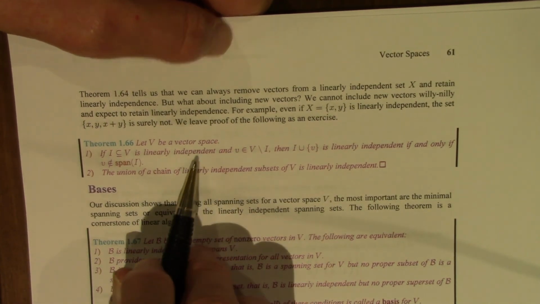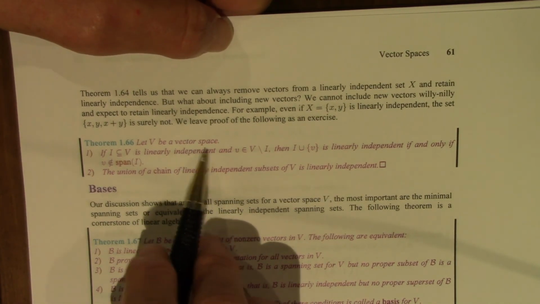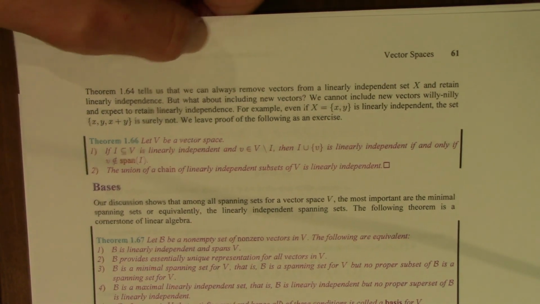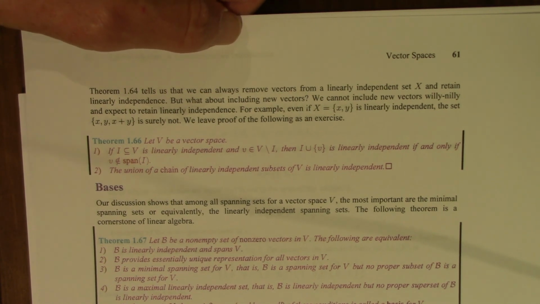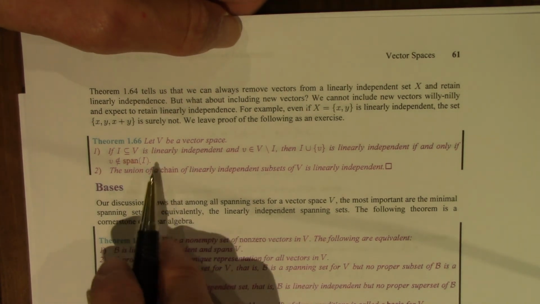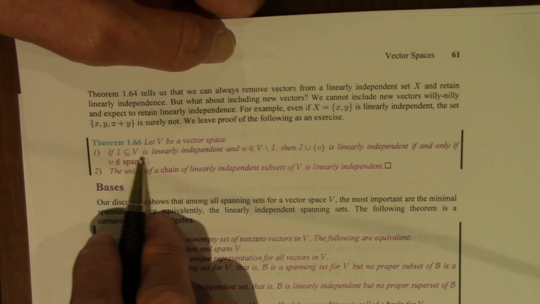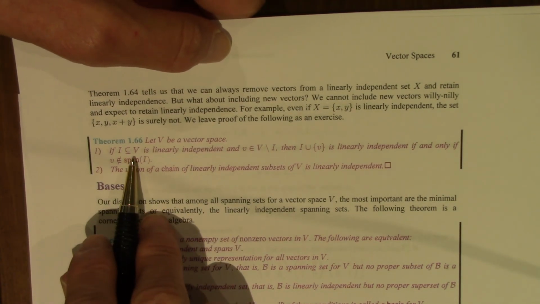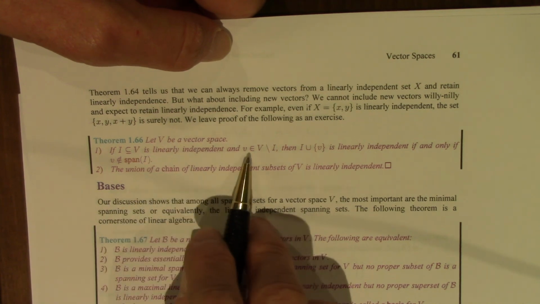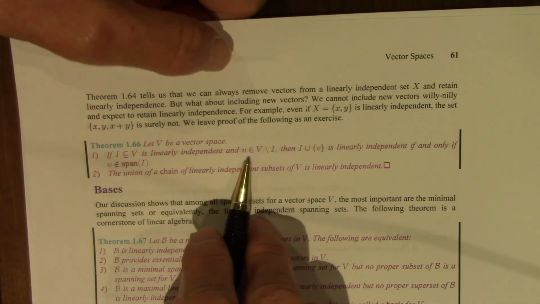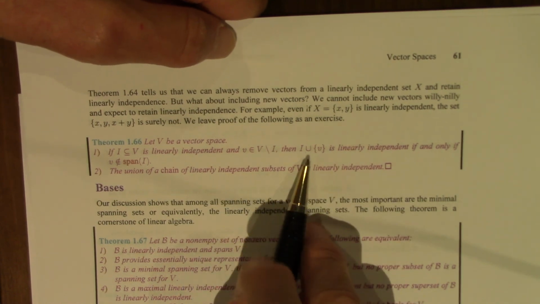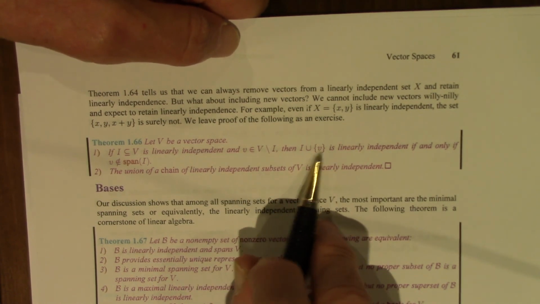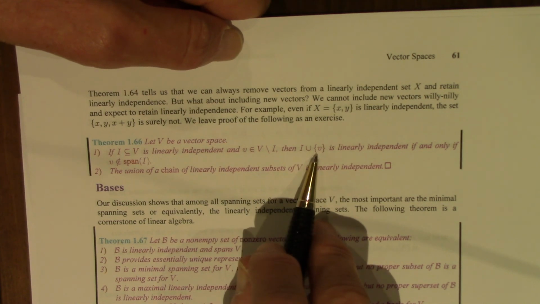But you can add or include a vector. You've got to be careful not to use the word add, because we've got addition here in a vector space, so we're not literally adding, we're including. If I is a linearly independent subset of a vector space V, and little v is a vector that's not in I, then we can include v in the set I, get a bigger set.